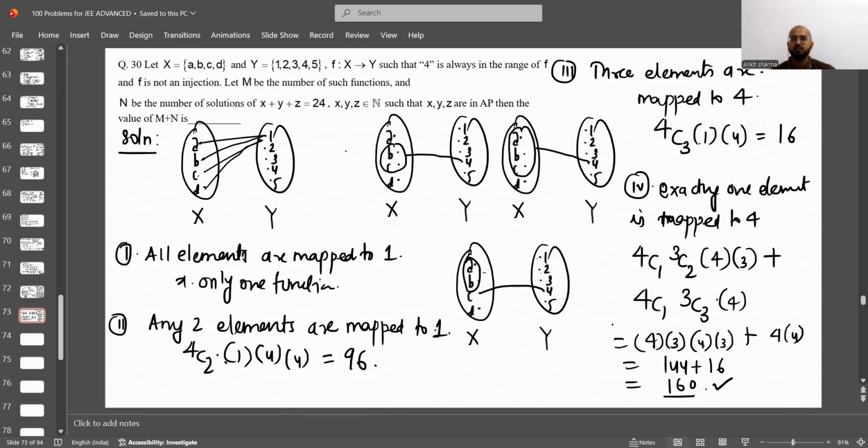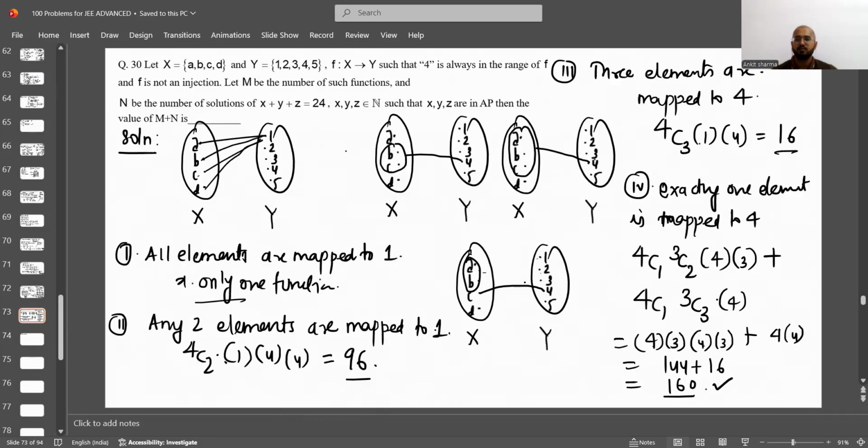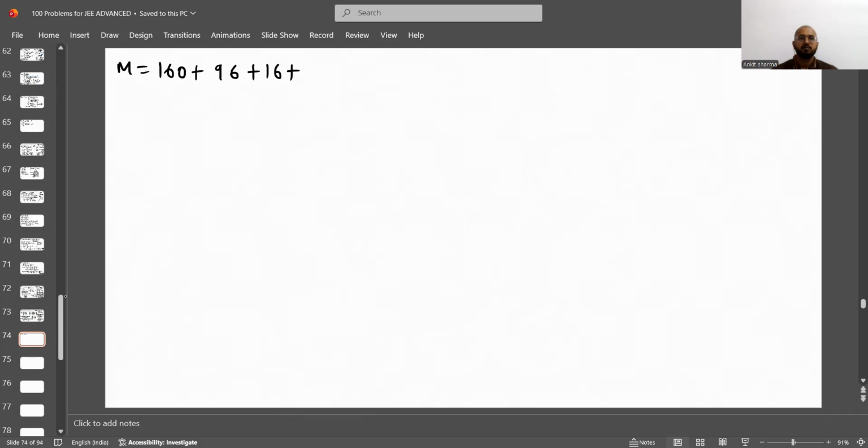So this 160 plus 16 plus 96 plus 1. So the total number of functions, that means m, is going to be 160 plus 96 plus 16 plus 1.